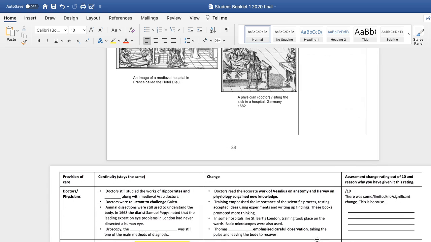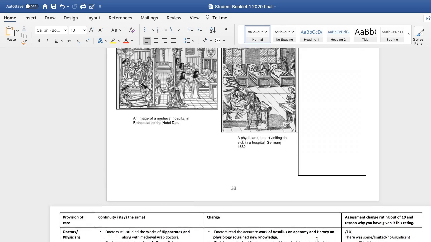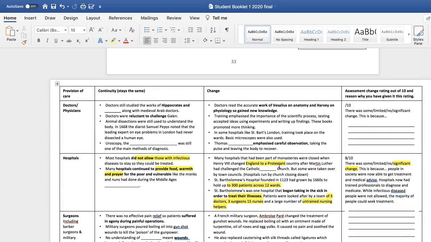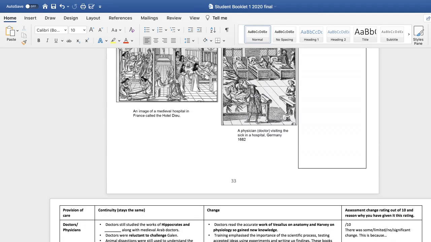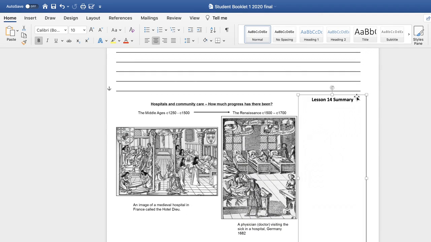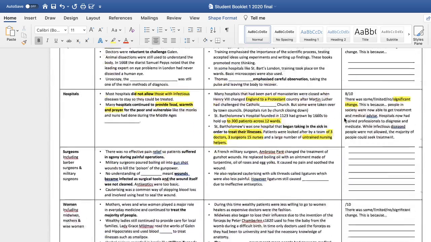If not, then I want you to pick out three examples of a big change from here in bullet points to write down in your summary box. So I'll just write that in here. So 3 bullet points on changes in hospitals/healers. And that's that lesson done. Thank you.